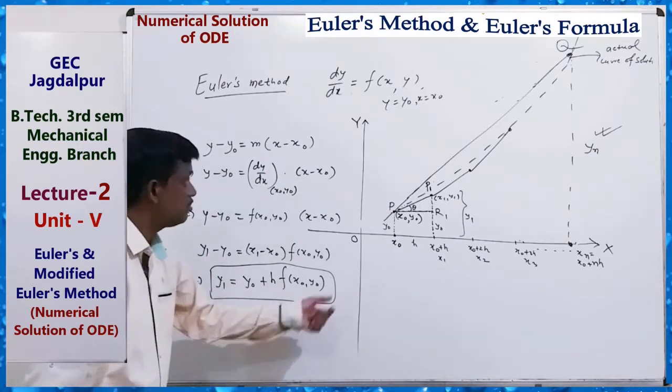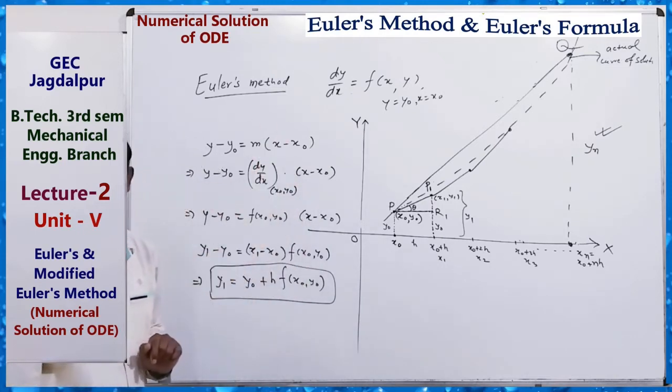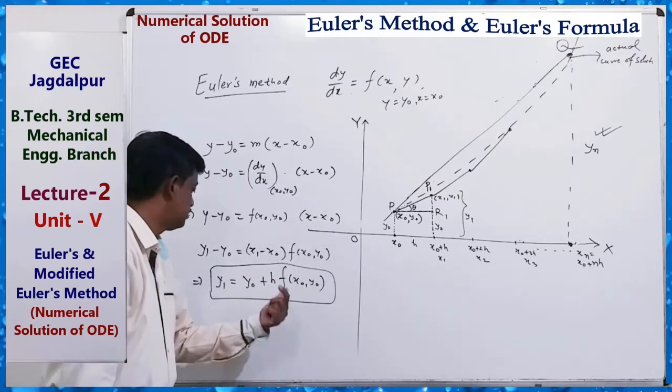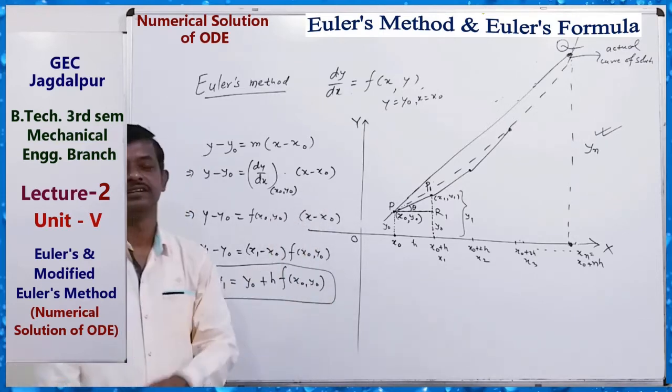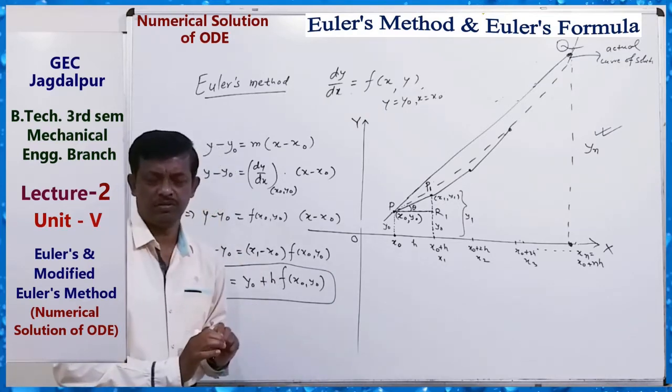And x0, y0 is given, and the function is also given. When h is found, y1 can be found. So the math formula is very simple in Euler's method.